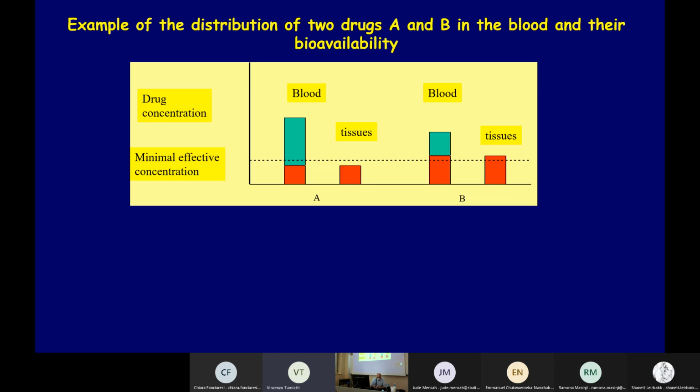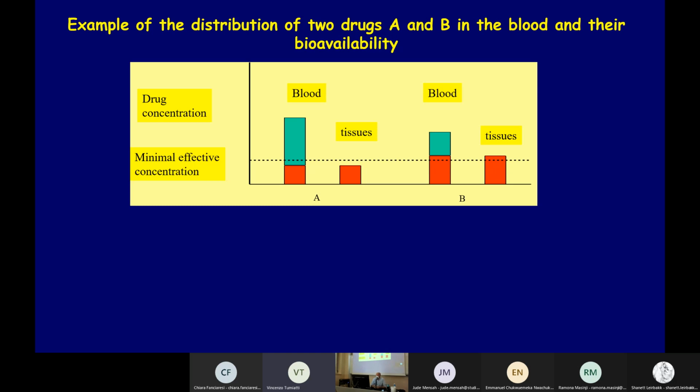We have already defined that bioavailability is important, yes. We need a strong absorption of our drug. It is important to have the right concentration inside the blood flow.